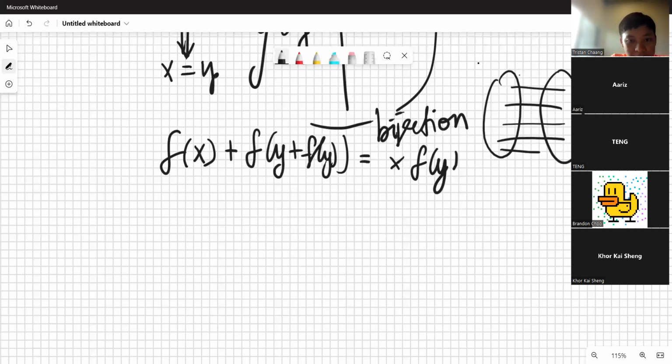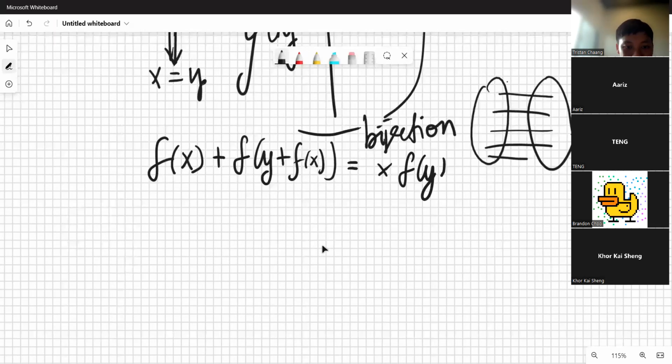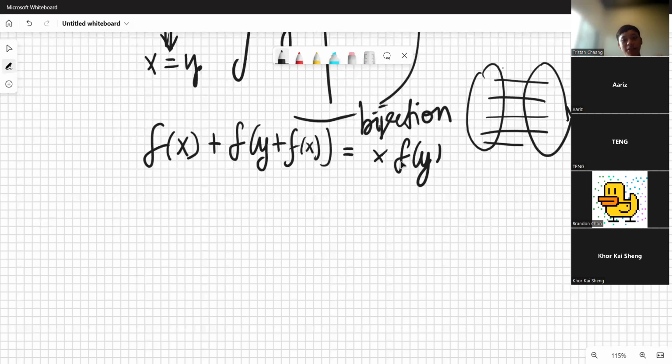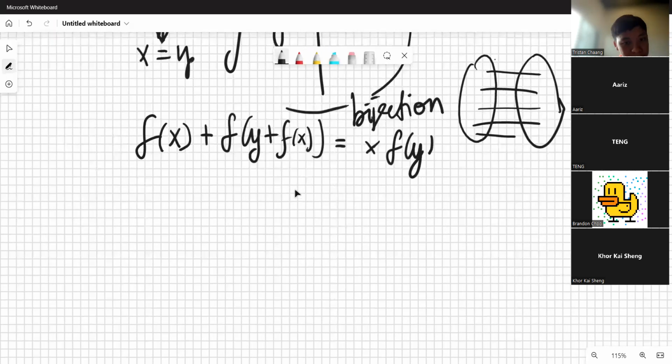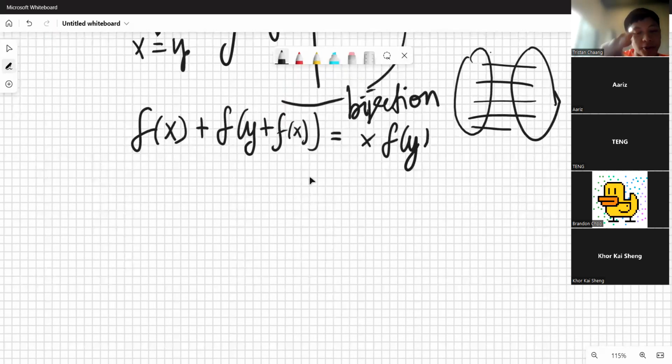Okay, I think this one can be. Yes, okay. So wait, does this help? Let me see. Yep. So given this equation, I can prove to you that f must be injective, or else f is 0 everywhere. So let's see how we can do it.